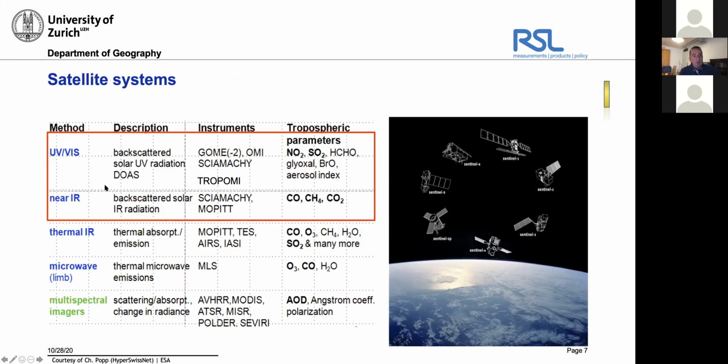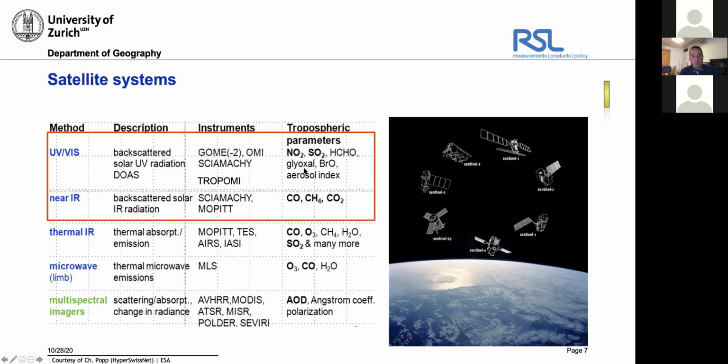And in the UV, there are specifically the nitrogen and sulfur oxides. They have some specific signatures which can be used to track them.